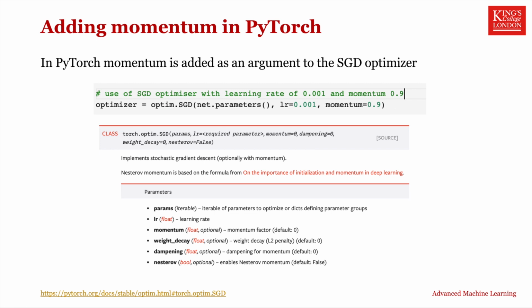So by default, momentum is set to 0, but this will then just run straight SGD. So if you want to run with momentum, you have to set the momentum parameter, and a commonly used value, as already stated, is 0.9. If, however, you want to try Nesterov updates instead, you may set Nesterov to true here. Ignore the weight decay argument for now.